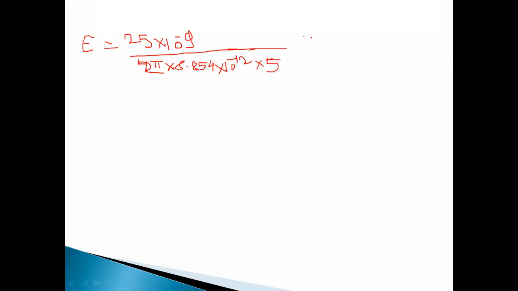A bar r is plus 3 a bar x and minus 4 a bar z, divided by 5.